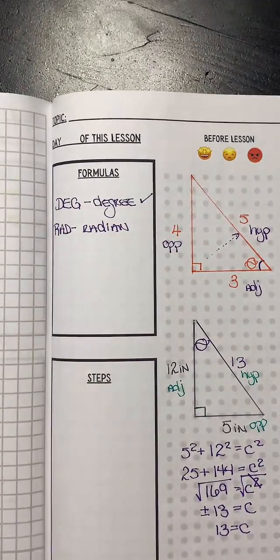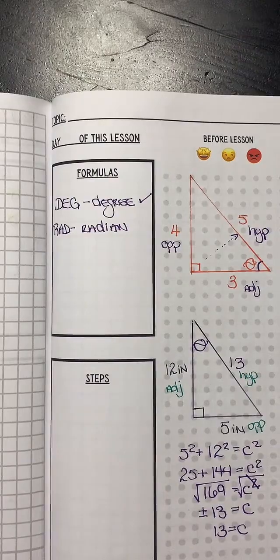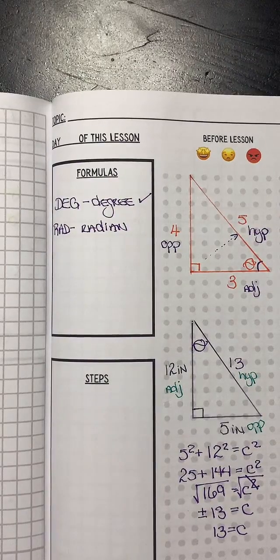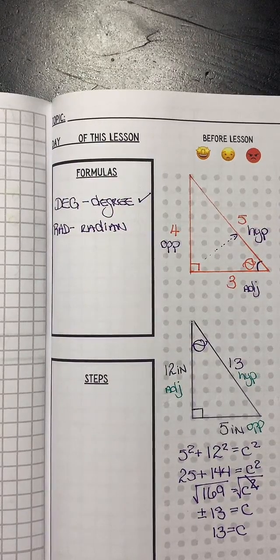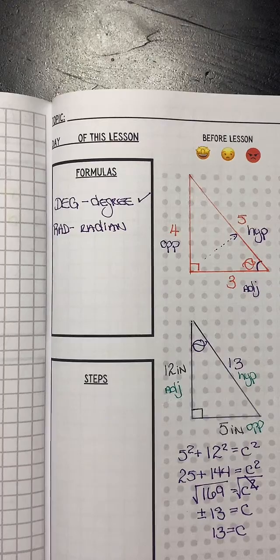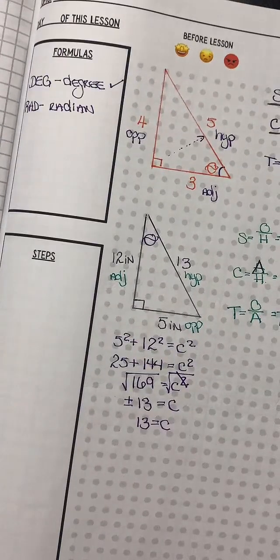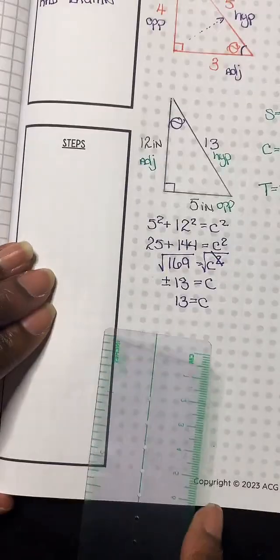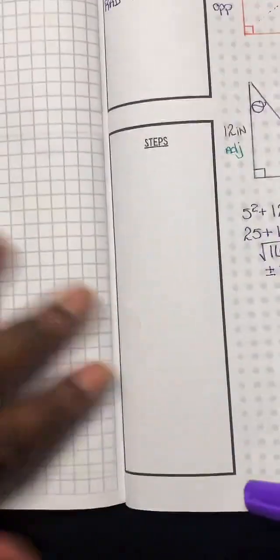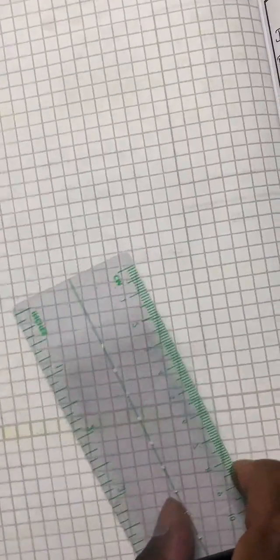That means you are in degree mode because you have to push the button to go back into radian mode. All right. So if we are looking for, let's say, let me go over here.